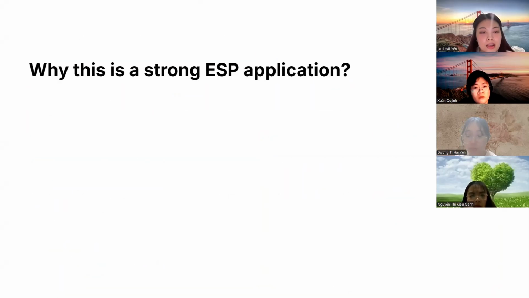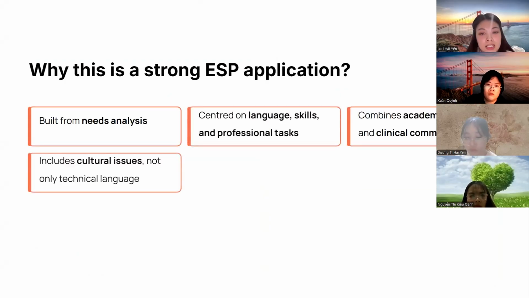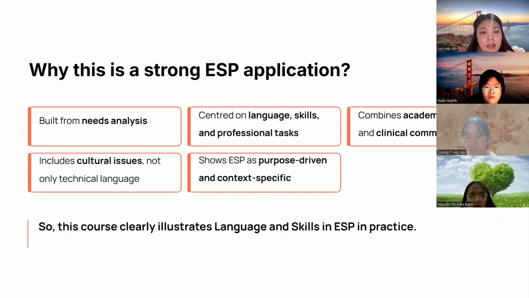And overall, this is a strong ESP application for several reasons, in my opinion. It is built from needs analysis. It is centered on language skills and professional tasks. It combines academic demands and clinical communication. It includes cultural issues, not only technical language.